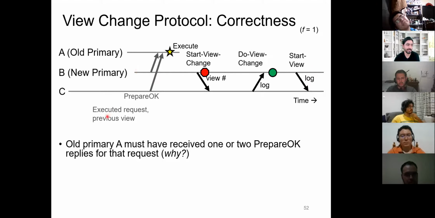And we said in this case that we had 3 replicas. The primary needs to wait for at least 1 prepare OK or acknowledgement in order to execute operations. So when we change to the new view, at least one of the other replicas has the latest state. Is that clear? I think I'm making you lost.